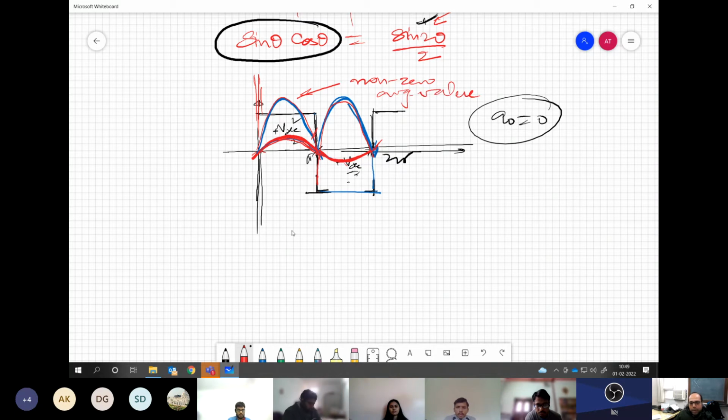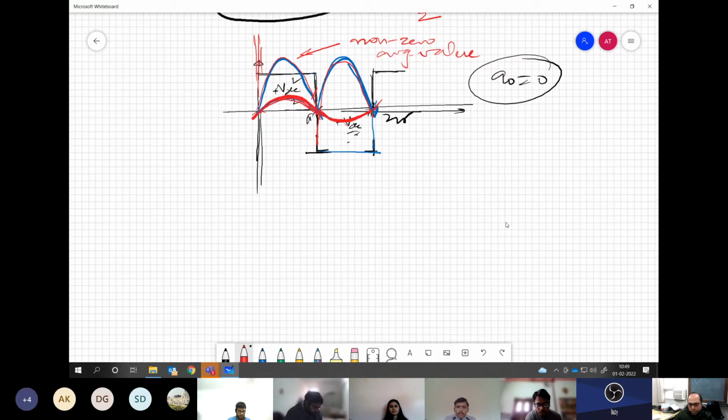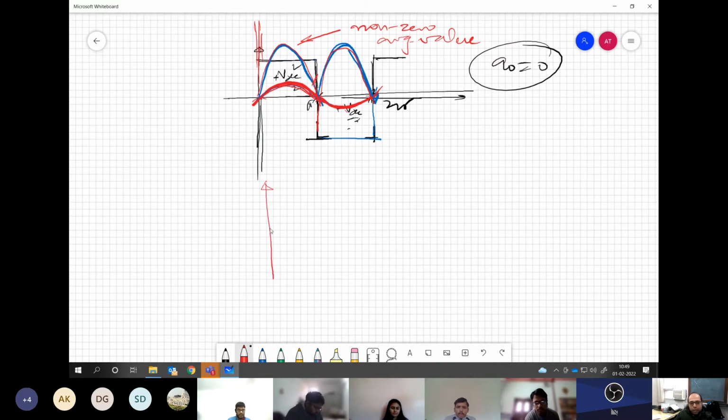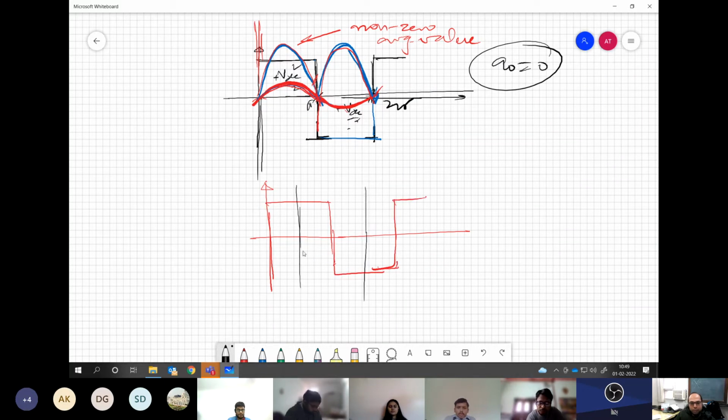Same thing if you try the product with cosine. Say this is your waveform, and you try multiplying something like this, what will you get?